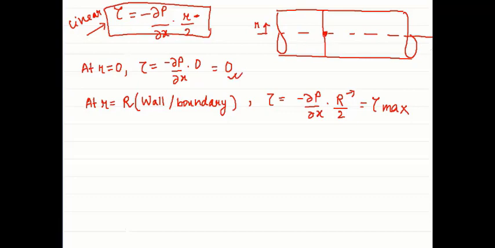So at the center of the pipe, the shear stress is 0, and at the pipe wall, the shear stress will have a maximum value, that is tau max, right? And since it is linear, we can draw it by a straight line. Similarly on this side, right? That is, the shear stress will increase from the center up to the boundary of the pipe.